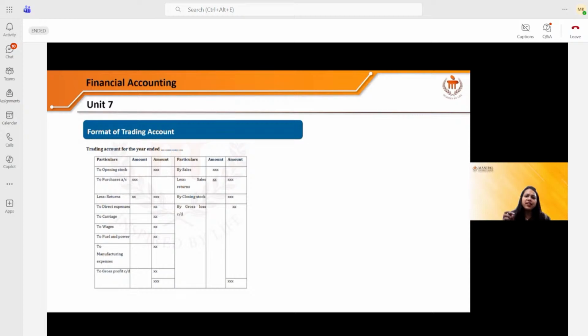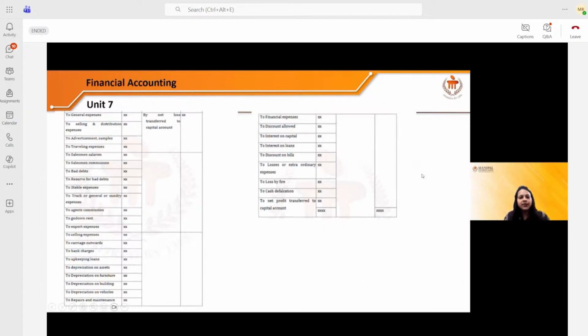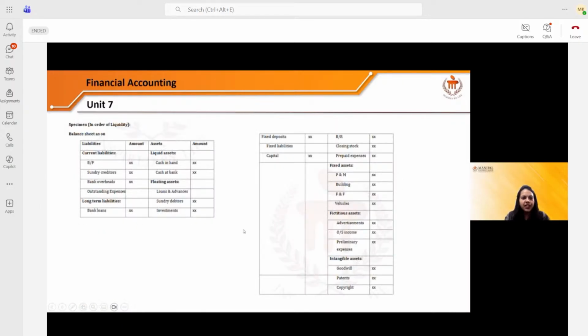So in the format, everything has been written: which item comes in the debit side and which item comes in the credit side. That is the debit side and credit side of the trading account. In the profit and loss account, these items come in the debit side and these items come in the credit side. In the balance sheet, these are the liabilities and these are the assets.